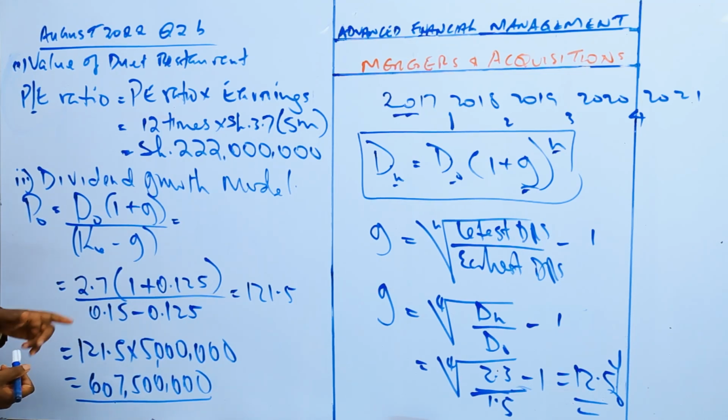So we've answered part 2 of this question. We move to part 3, where we are required to determine the value of the target using the discounted free cash flow basis.